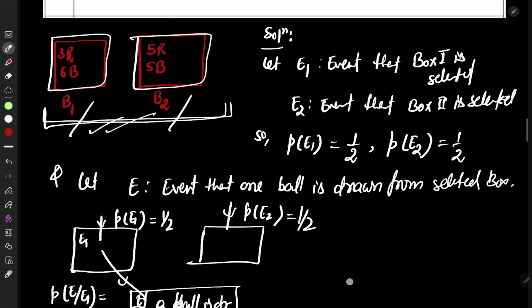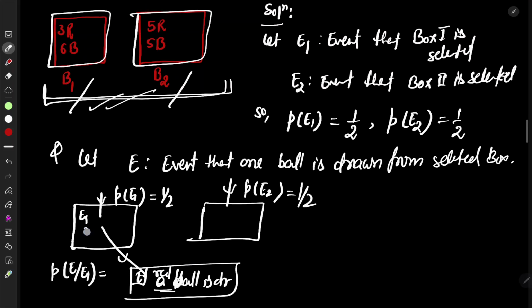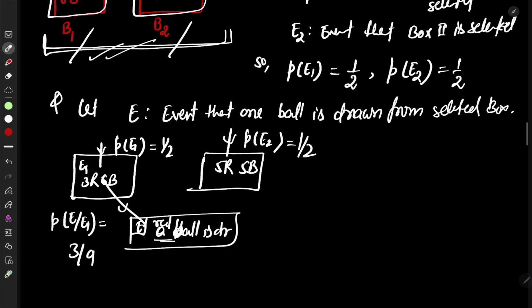So the probability of a red ball drawn from box 1, with 3 red and 6 black, is 3 by 9, and from box 2, with 5 red and 5 black, it is 5 red divided by 10.